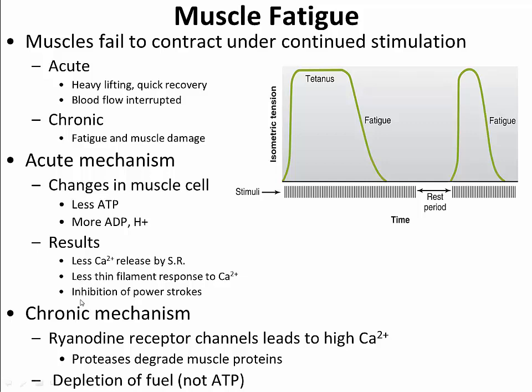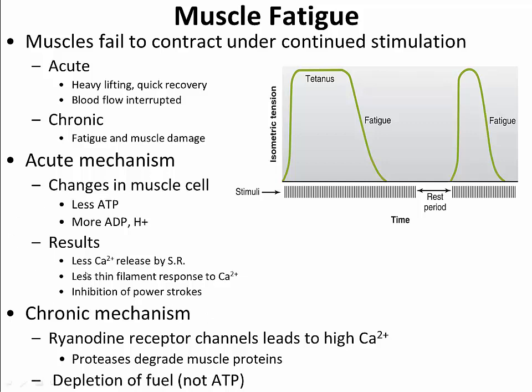Again, this is all acute under this bullet point; we divide the effects of acute fatigue in the muscle cell up into these three categories.